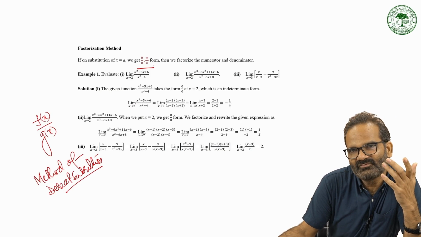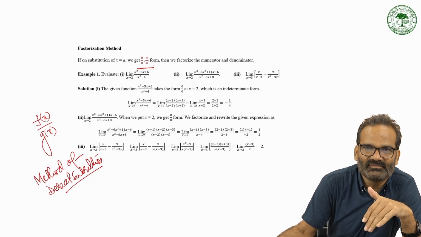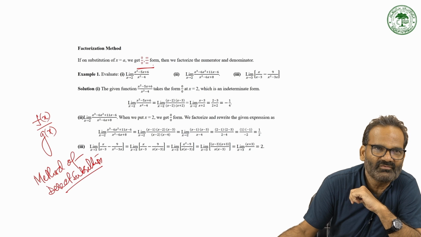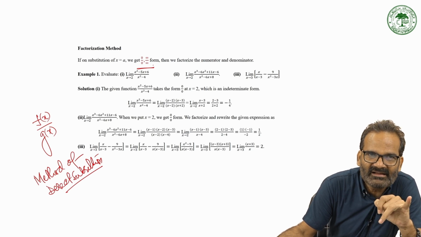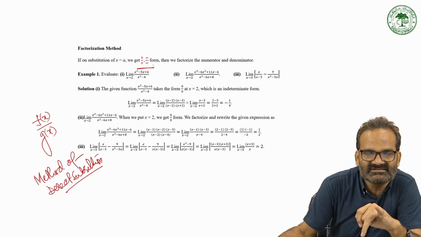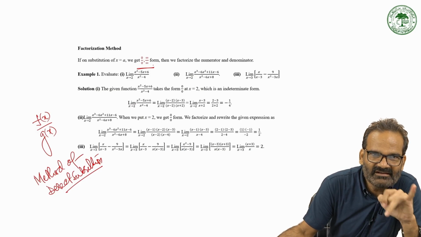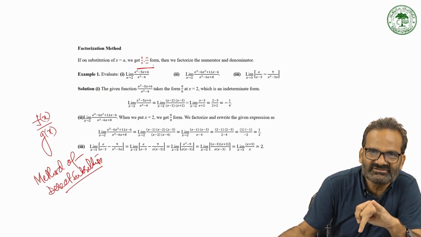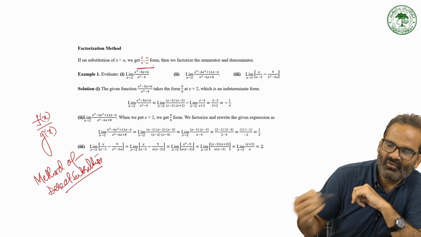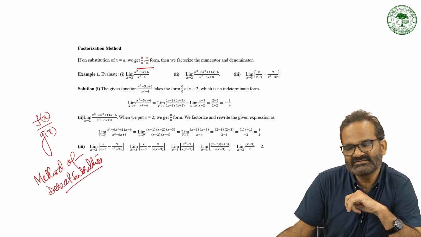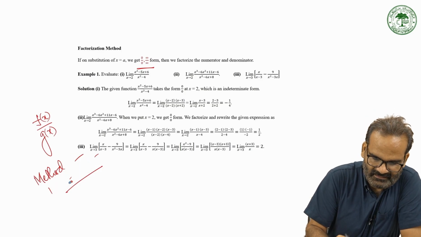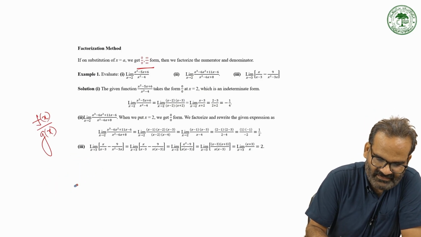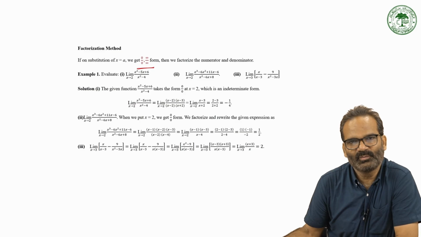And if method 1 fails, only then we will opt for another method, and that is known as the method of factorization. Clear? I am repeating once again, when the method of direct substitution fails, only then we will use the method of factorization. What is the process or approach of the method of factorization? Look here. The function is given in the form of numerator upon denominator.